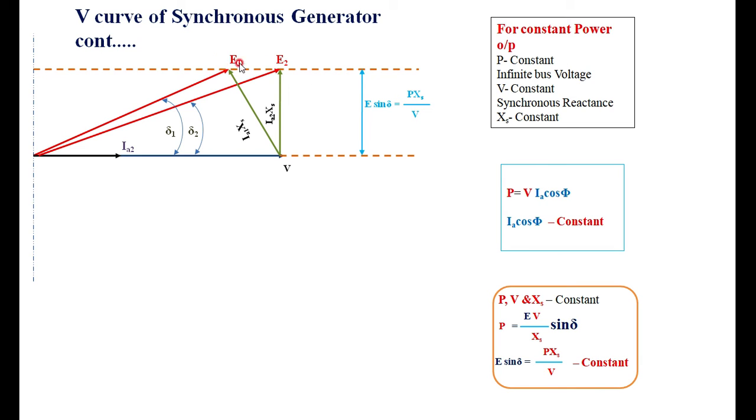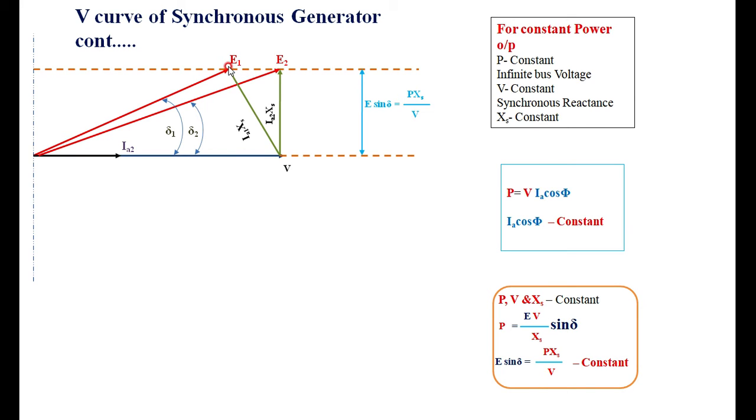You can see here it is a locus of E, because E sin delta is a constant, as we derived. Therefore, whenever there is a variation of the excitation, the generated voltage moves all along this particular axis. When we decrease the excitation, the generated voltage decreases from E2 to E1.